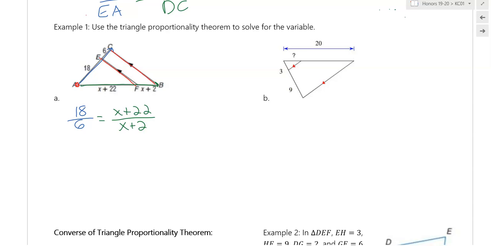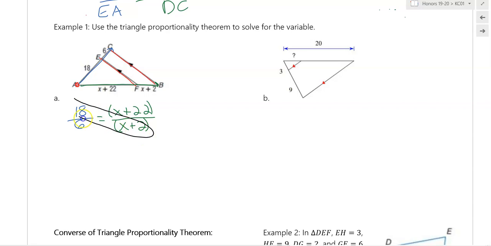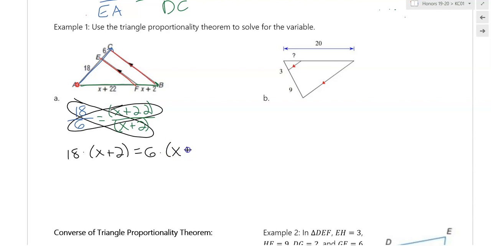Now I'm just attempting to solve this. And so I'm going to put my parentheses. And now this is a problem we know how to do. I have 18 times x plus 2. And then 6 times x plus 22.